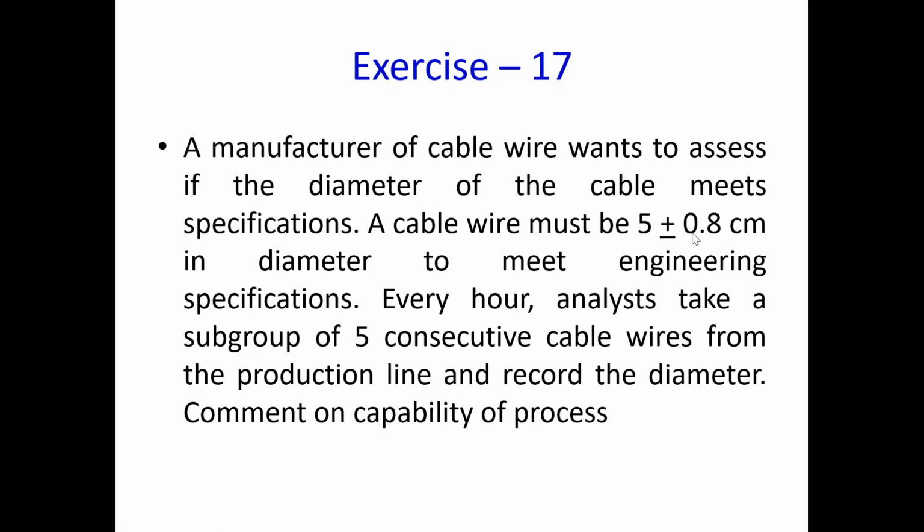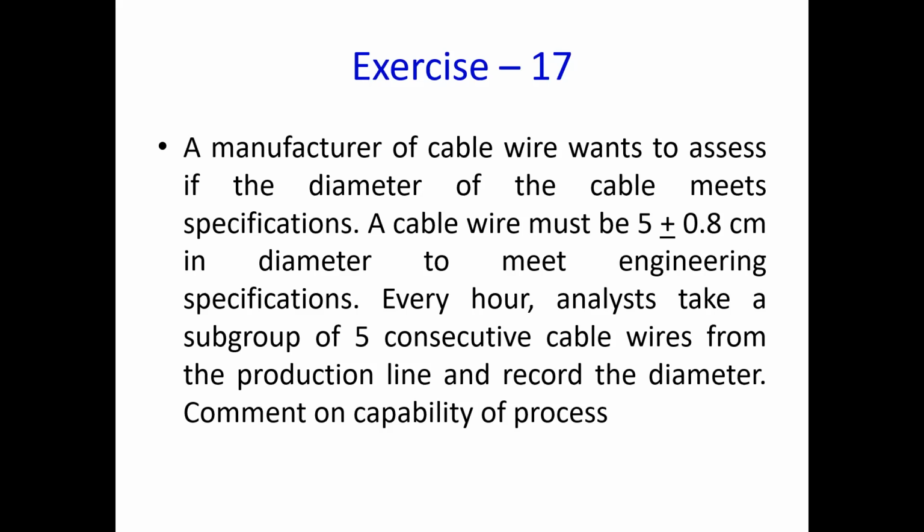5 minus 0.8, that is 4.2 centimeter, would be the lower specification limit. Let us calculate the upper specification limit. 5 plus 0.8, 5.8, would be the upper specification limit.